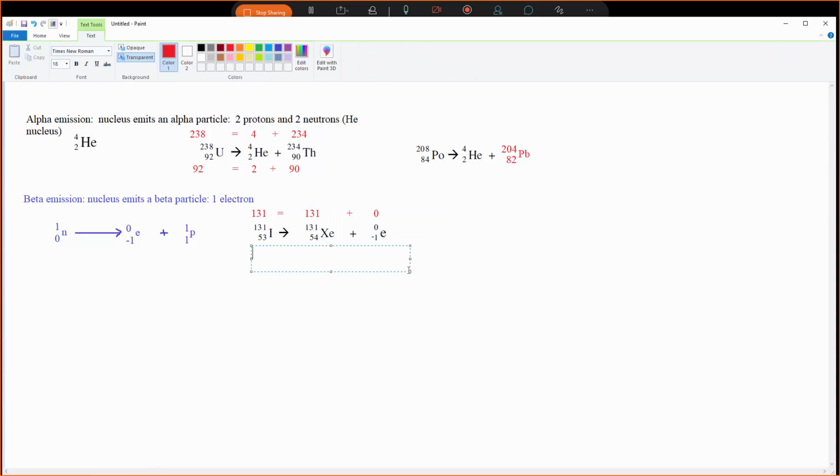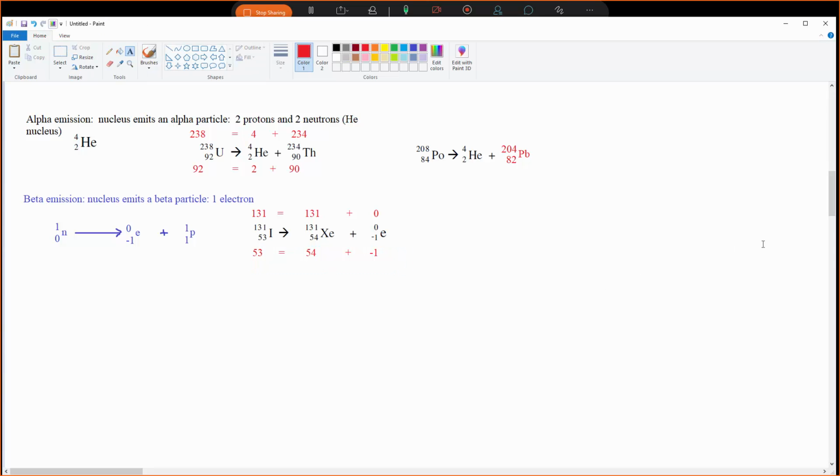And down here you have 53 positive charges on the iodine, and that is equal to the 54 positive charges on the xenon and a negative charge from the electron that ran away.